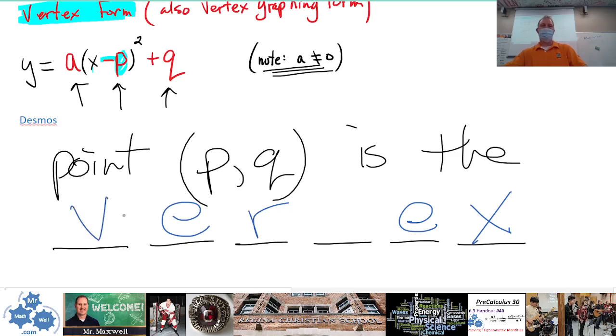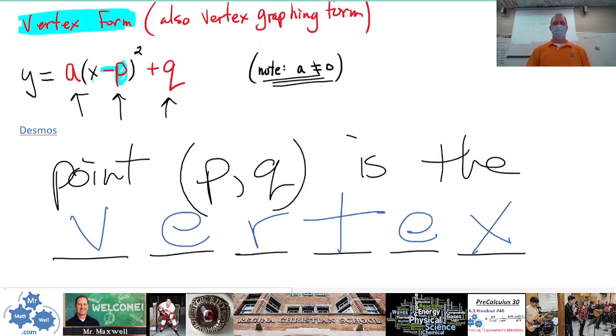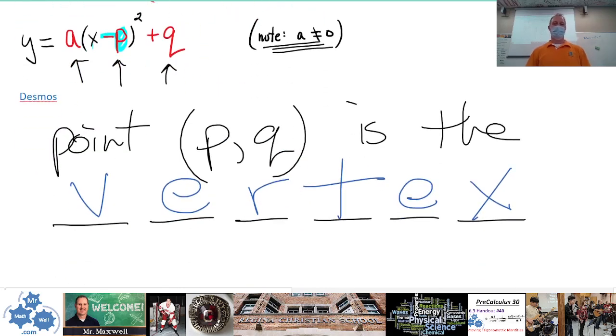V, yes. But you won't guess the last one. W is incorrect. A, yes. Just kidding. T. Boy, you guys aren't that bright. So yes, p, q is the vertex. Having too much fun today, sorry. Math class is not supposed to be fun. It's supposed to be hard work.